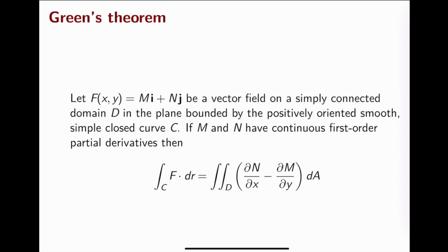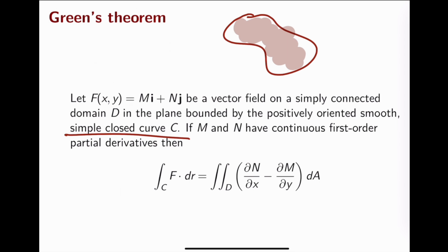And so what this result says is that if we have any vector field on a simply connected domain in which the domain is bounded by a simple closed curve. So meaning that if we have, let's say, a domain like this, the boundary, we see that it is a simple closed curve.